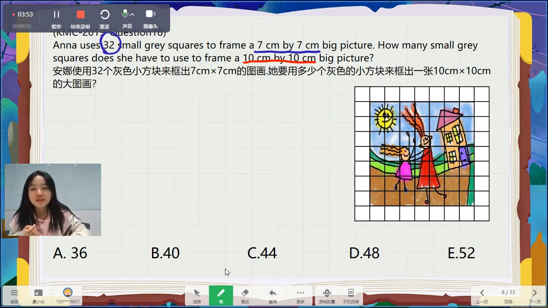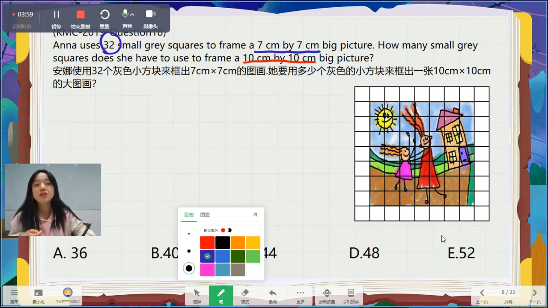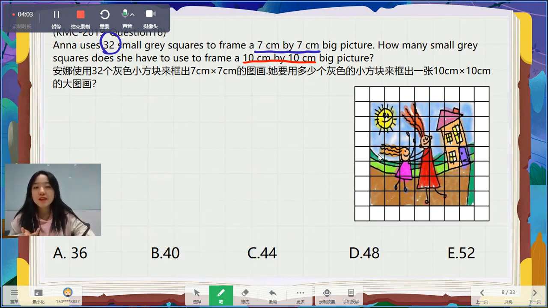In fact, this question has already given us a hint with such a picture. When we want to frame a 7 by 7 picture, how many gray squares do we need to use?